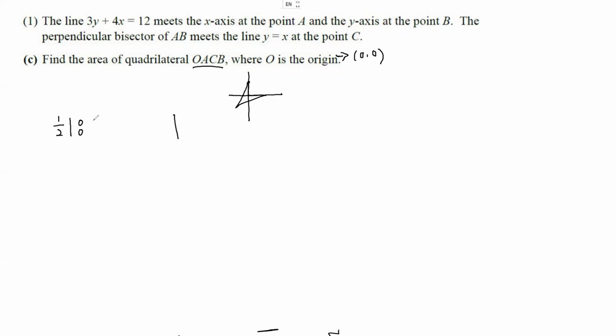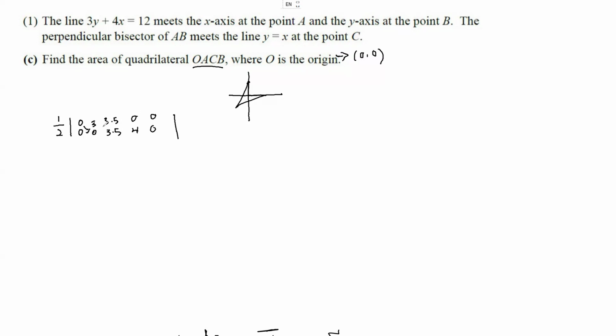Okay, and then next is (3, 0). After that is (3.5, 3.5), then (0, 4), and finally (0, 0) again. Okay, we have this shoelace method.